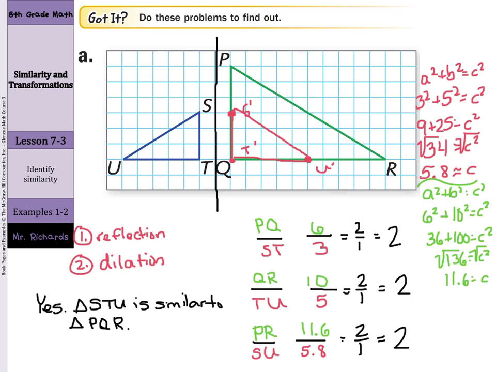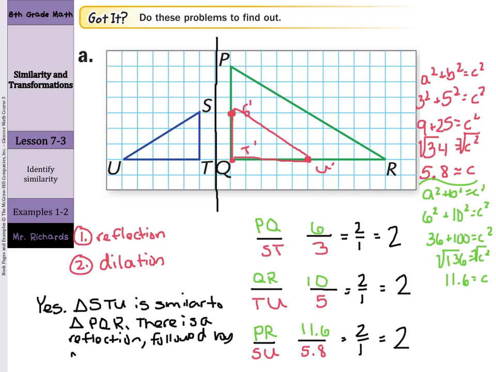And the reason why is we have a reflection followed by a dilation with a scale factor of 2.